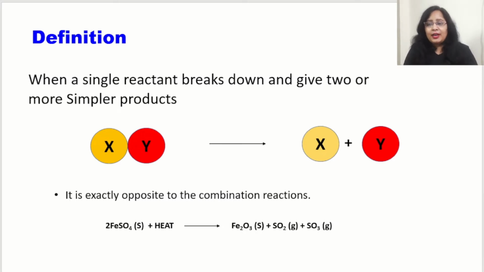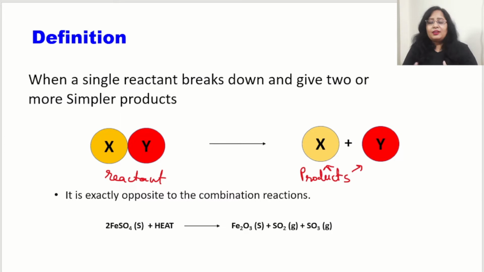So here we have one reactant, and this reactant breaks down and gives two products, or we can say more products. Here in the example we have two products, one is X and one is Y.